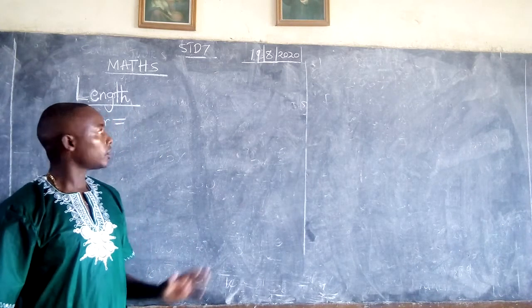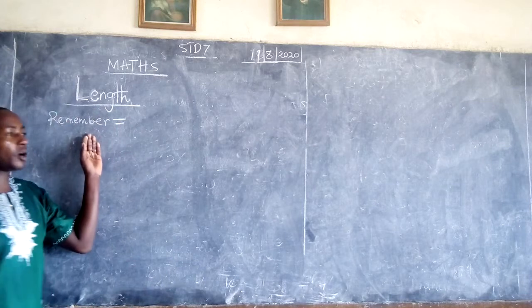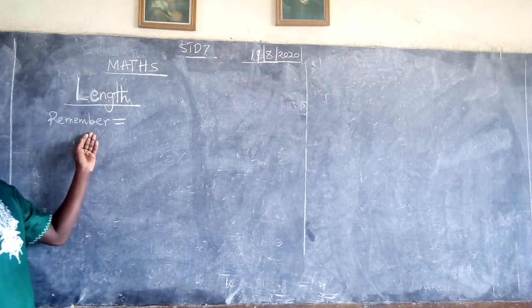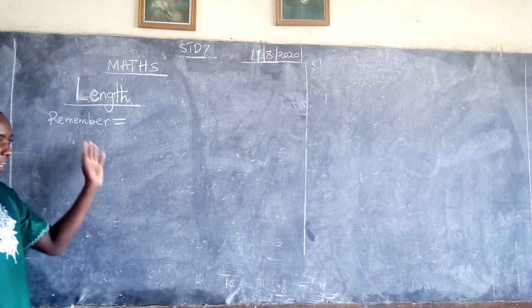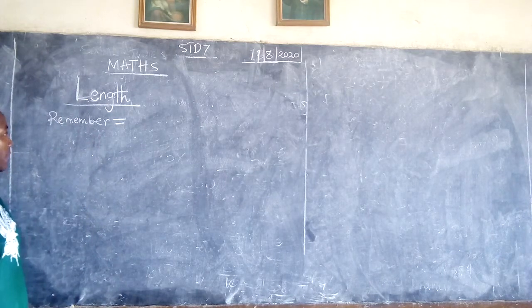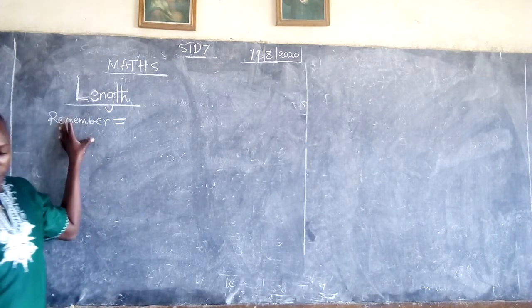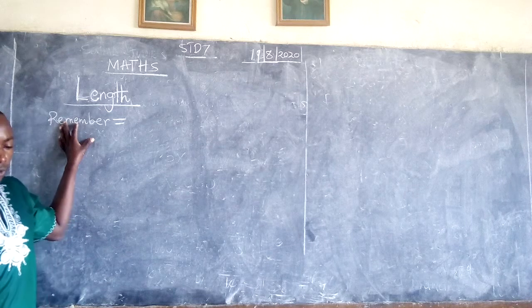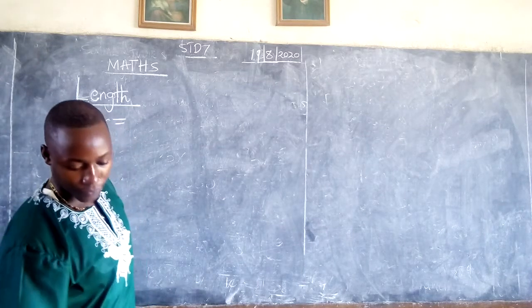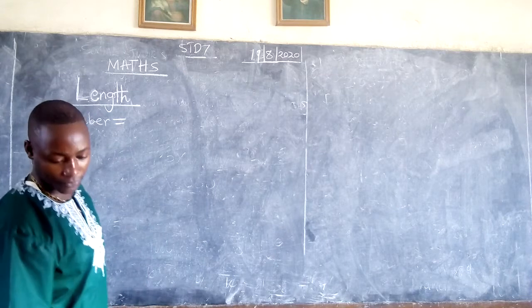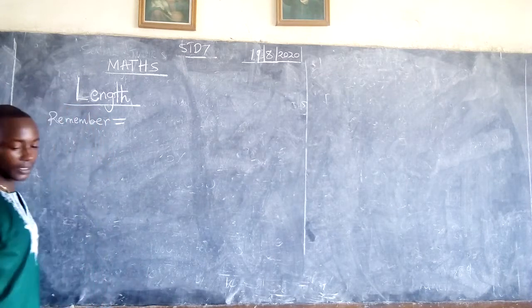And today we are going to learn about length, whereby we are going to look at different lengths. And remember, to start with, I want to remind you of the things that you learned in class 4, 5, and 6.